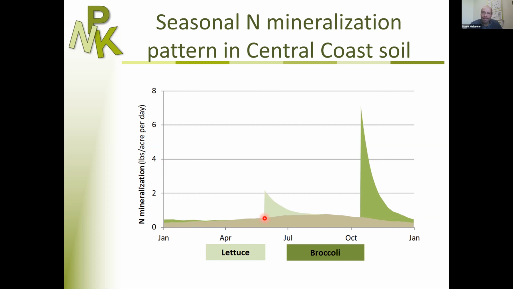But then, let's say if we have a lettuce crop and we incorporate the residues, a lot of it will be immediately mineralized or over the next few weeks, and the same with broccoli. So with these residues from the vegetables on the Central Coast, a lot will be released immediately, and a smaller proportion will be incorporated into soil organic matter.